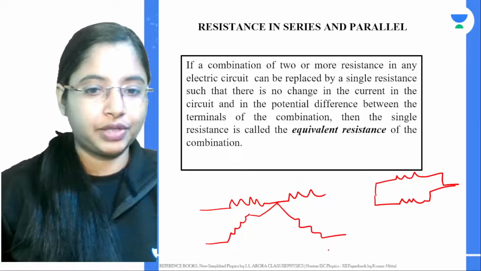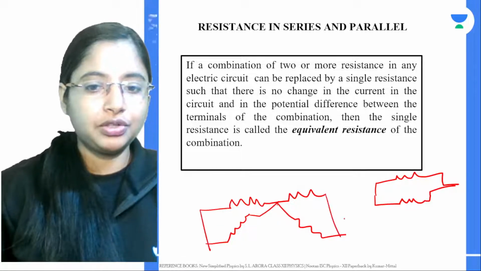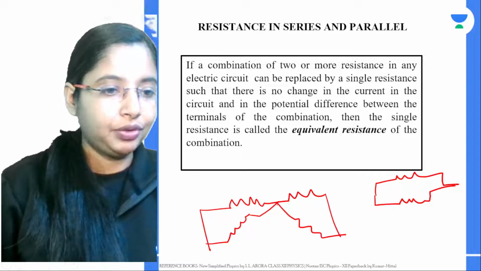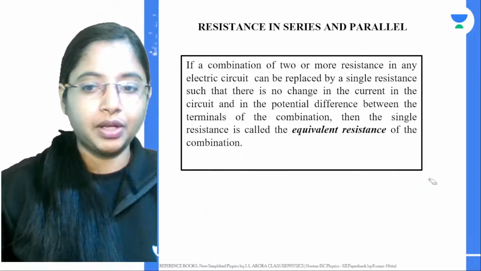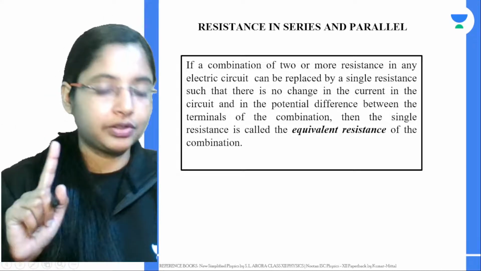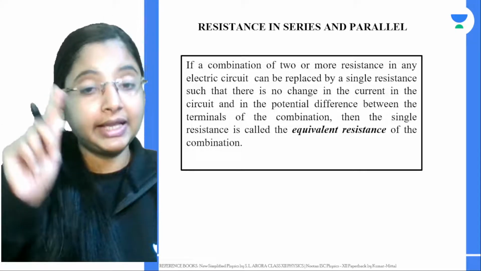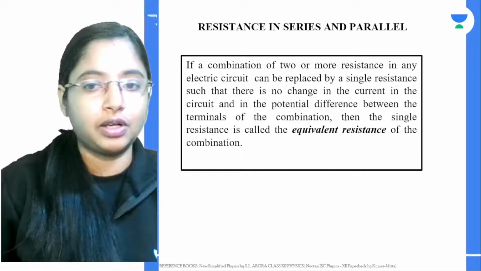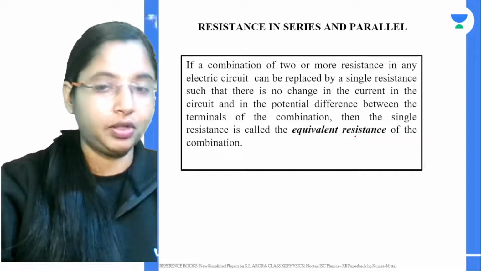If you can replace all of them with just one single resistor, then the resistance of that resistor is called the equivalent resistance for that given combination.